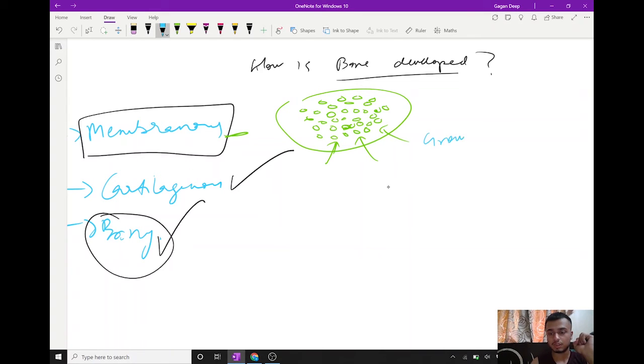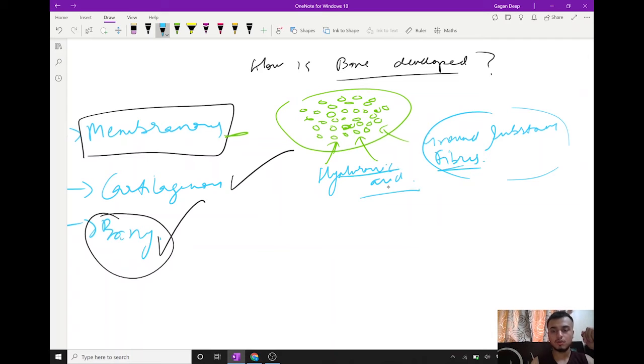The ground substance and the fibers, and majorly hyaluronic acid as well, when these things get accumulated inside the membrane, the thing which is formed is cartilage.